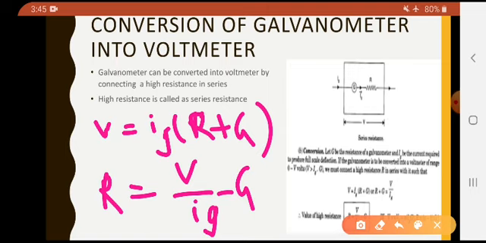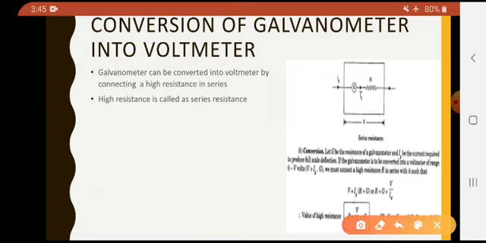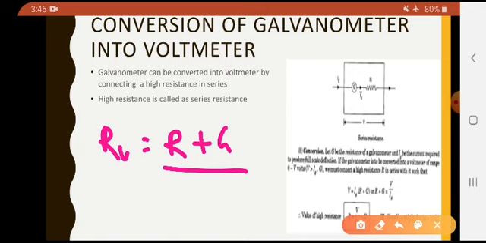This resistance connected in series to the galvanometer is converted into a voltmeter of range 0 to V volts. The effective resistance of the voltmeter is RV equals R plus G, so the sum of the two resistances: the galvanometer resistance and the series resistance, which is connected in series.